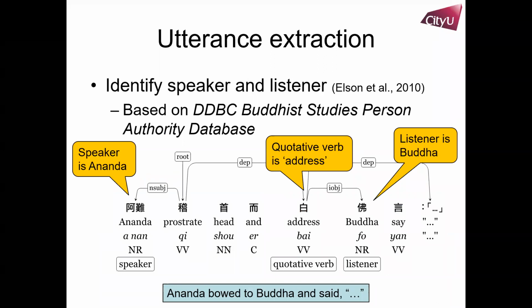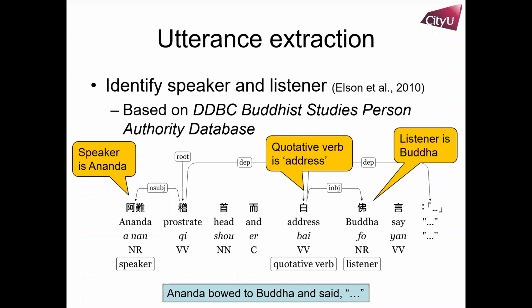Okay, so a bit of detail on how we identify speakers and listeners. We prioritize precision over recall, and so we tend to be conservative. In front of an utterance, we try to locate a quotative verb or a saying verb. So in this case, it's the word to address. And then we identify the speaker and listener by looking at the dependency relations and looking at what is the noun subject of that verb. Sometimes the noun subject may not be immediately before the quotative verb. Here, for example, there's actually a series of two verbs.